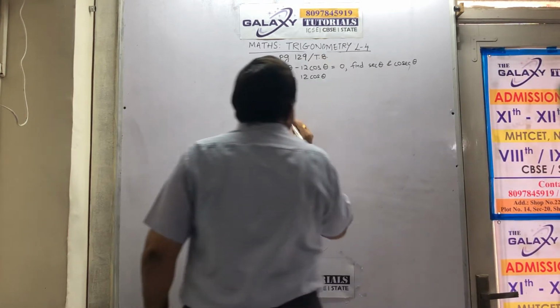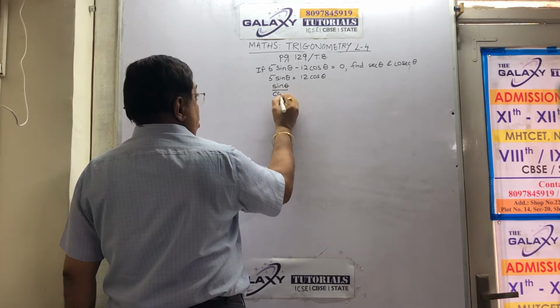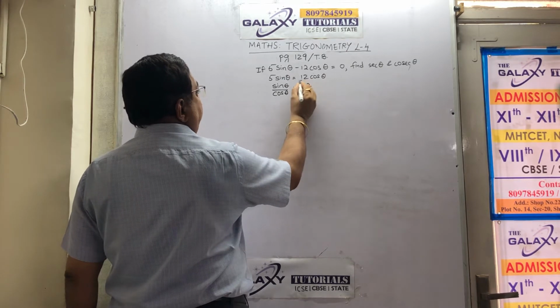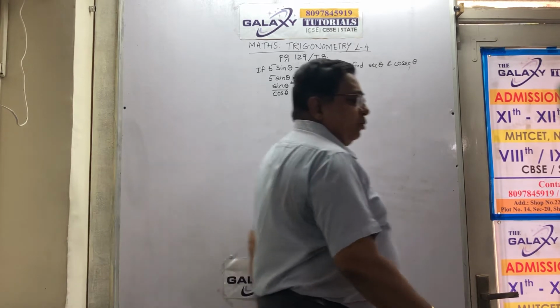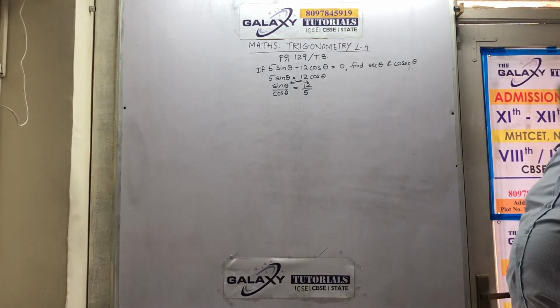Second step, I have sine theta divided by cos theta is 12 by 5. This 12 went here and this 5 went there. I switched the numerator to the denominator on the other side and the numerator to the denominator on the first side. All this is your 5th, 6th, 7th, 8th standard algebra.